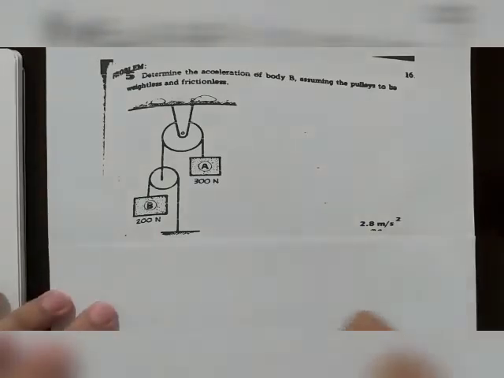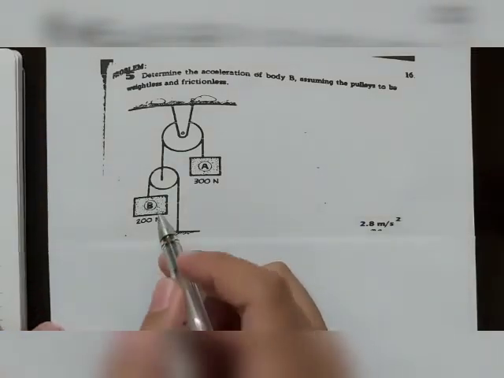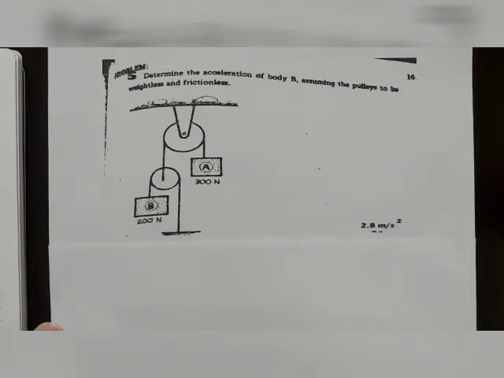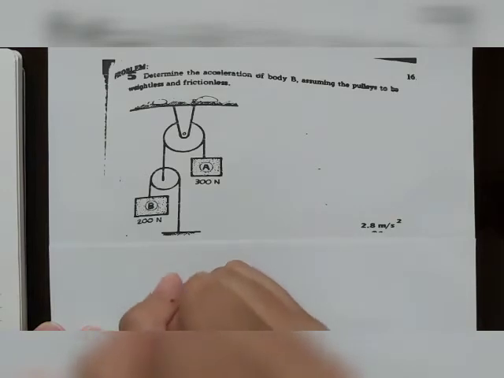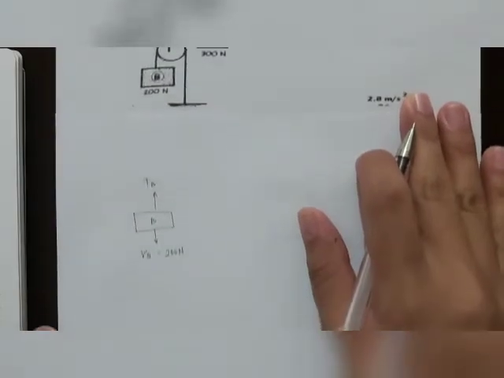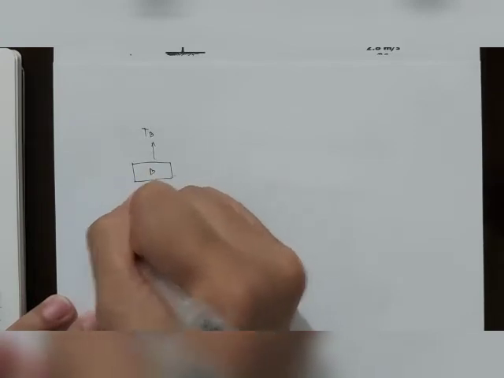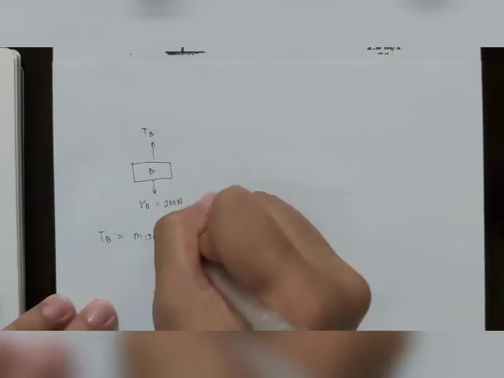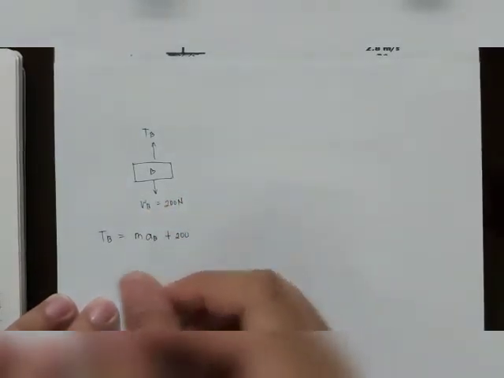So first, drawing muna natin yung free body diagram ng body B. So we have the block B, then may weight dito na 200 Newton, then yung kanyang tension, which is tension B. Okay, so we can find the formula for this, which is tension B is equal to mass times acceleration of B plus the weight, which is 200 Newton.